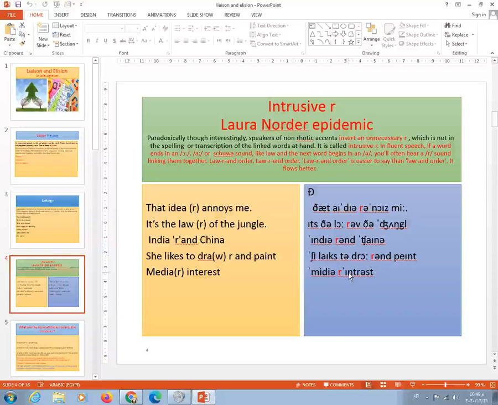So people pronouncing non-rhotic accents insert an R to link between these two vowels. So you say media R interest, media R interest.